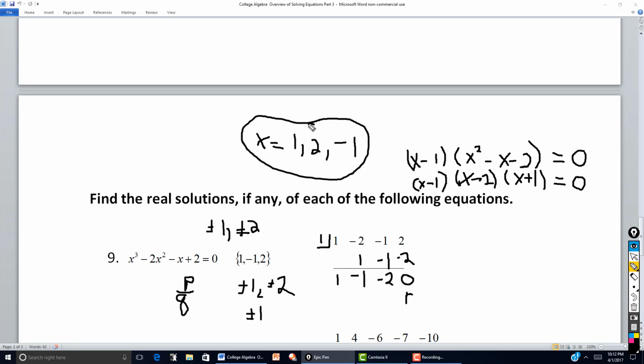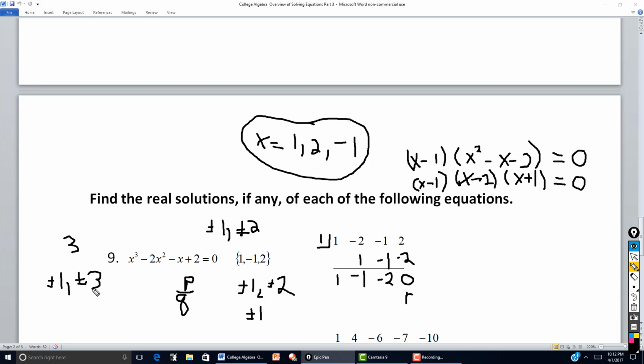Now keep in mind that if this coefficient of the x to the third had been, let's say, a 3, then the factors of 3, or divisors, would be plus or minus 1, plus or minus 3.